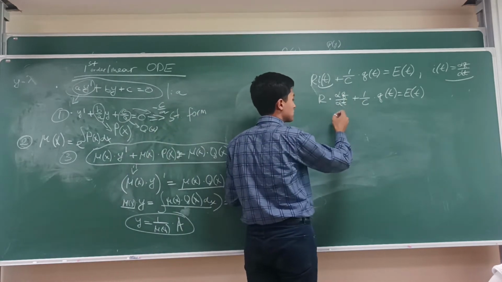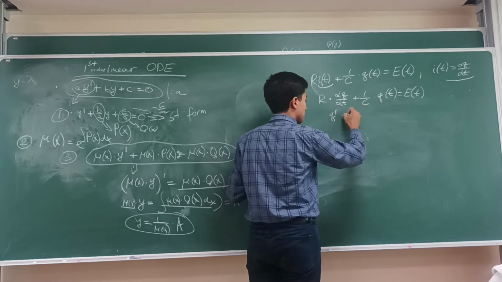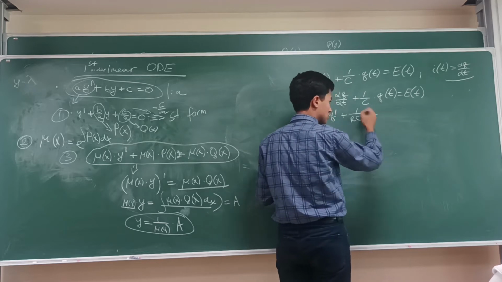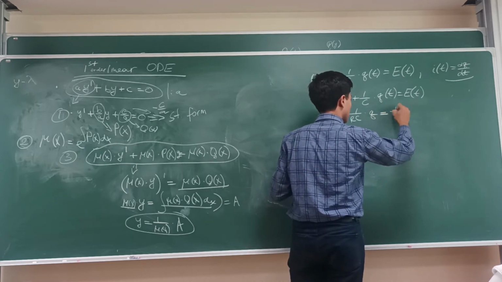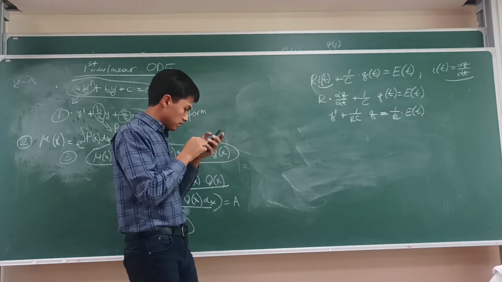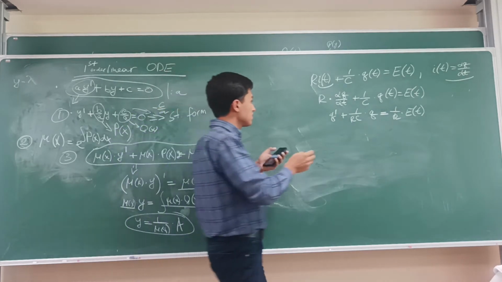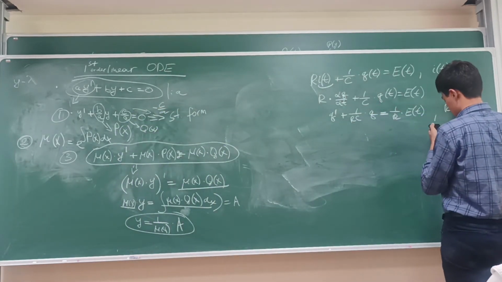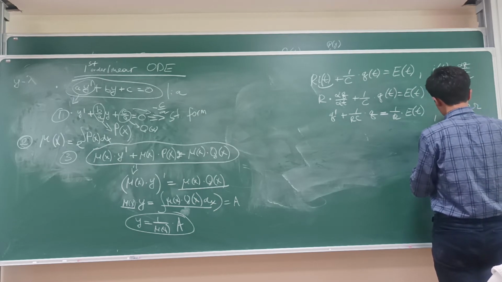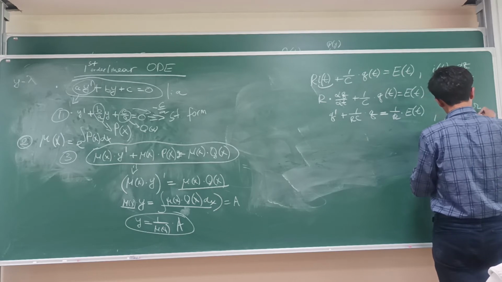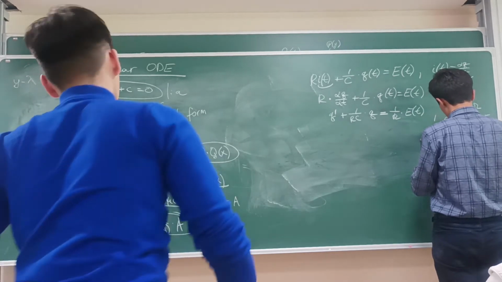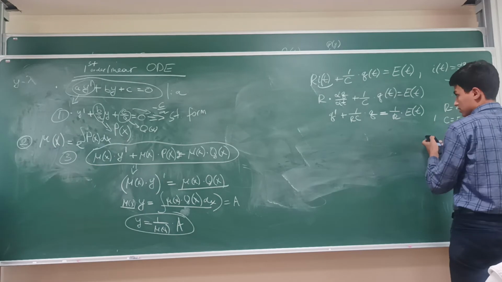Okay, let's divide that. I'm going to write just Q prime, plus 1 over RC Q(t), so the Q(t) is just Q, equals 1 over R times E(t), okay? So it's given that R is 200 ohms, C is 5 multiplied by 10 to the power minus 4 farad, and our E(t) is given as 100 volts.